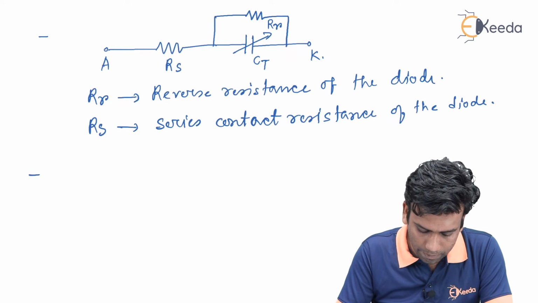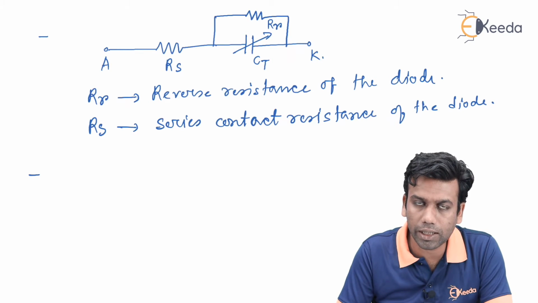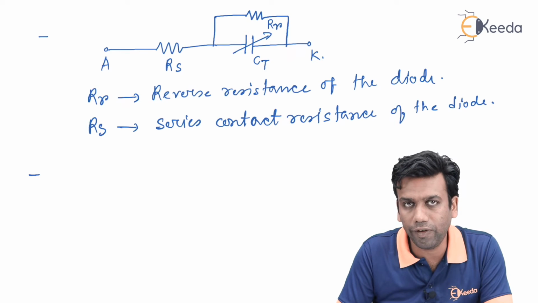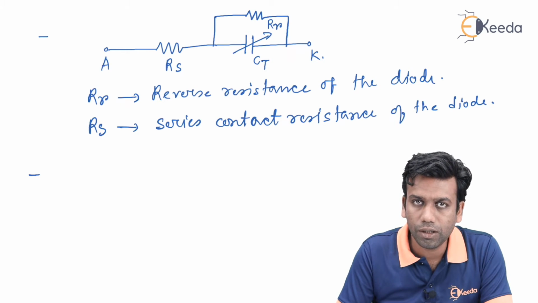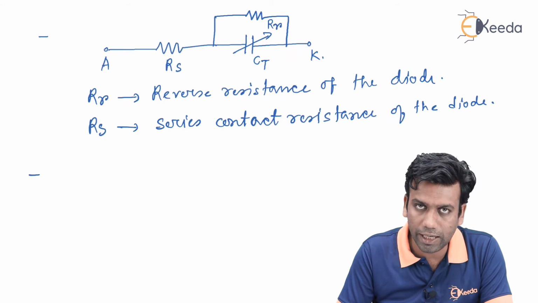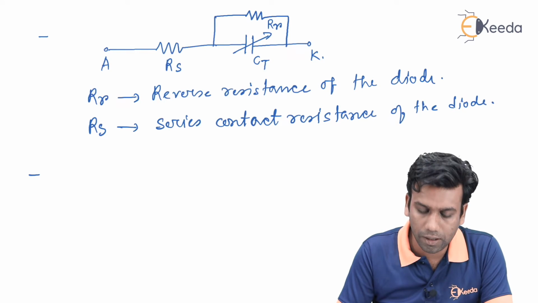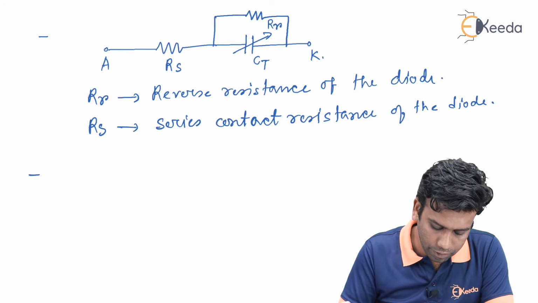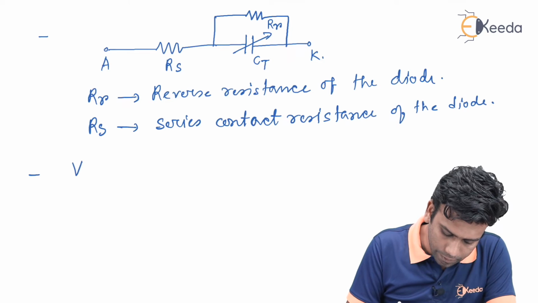So far we have learned how the capacitance value of a Varactor diode can vary with the application of reverse bias voltage. That is why the Varactor diode is also called a Varicap diode or variable capacitor.